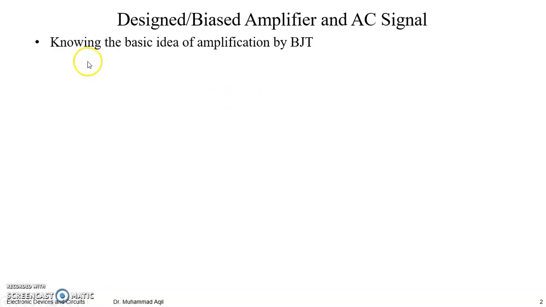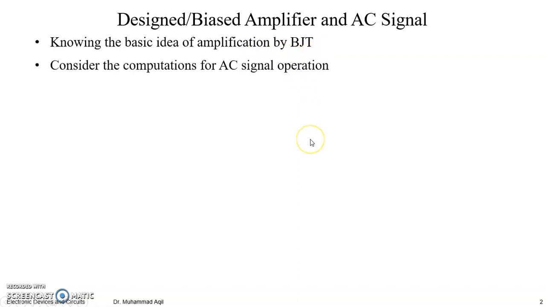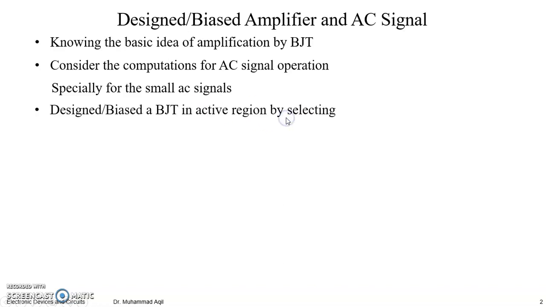So we already know the basic idea of amplification by BJT, right? And today we are going to consider the computations about AC signal operation, especially for the small AC signal. We usually have small AC signals for amplification.